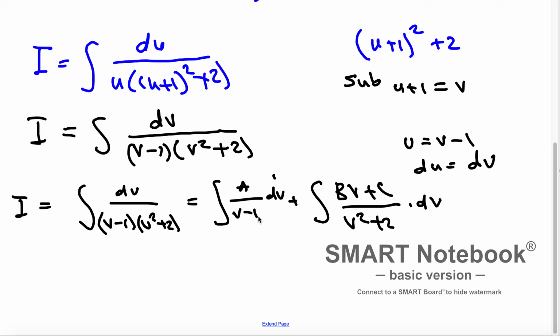So this is a partial fraction, and in a previous video I showed how we can find a, b, c, and how we can expand.